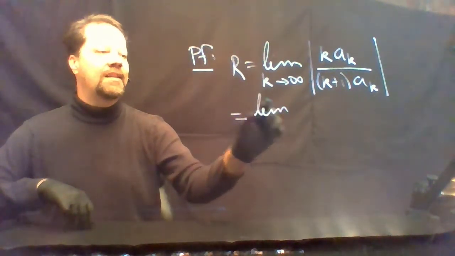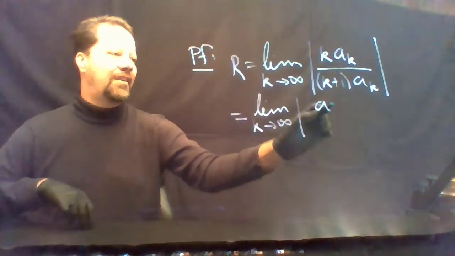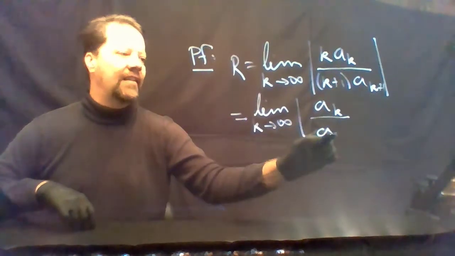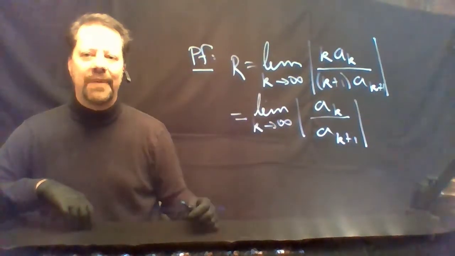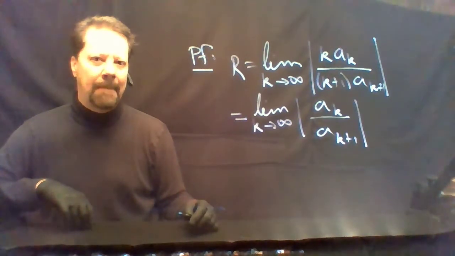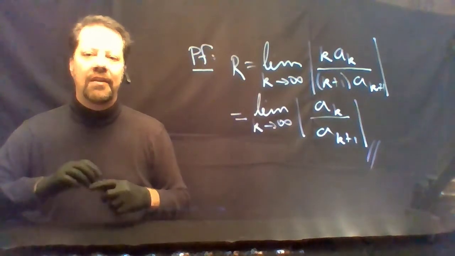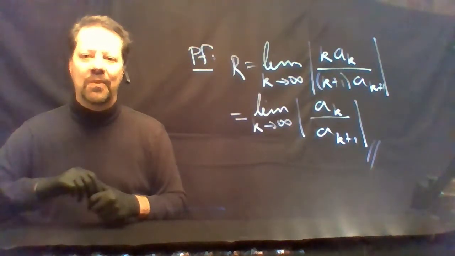So the whole thing tends to the limit as k goes to infinity of a sub k divided by a sub k plus 1, which is the original radius of convergence. The proof for the derivative part goes in the same way, so we'll just call this done.